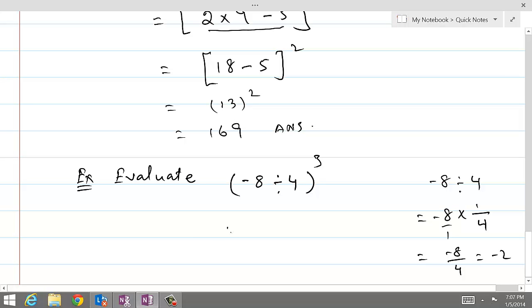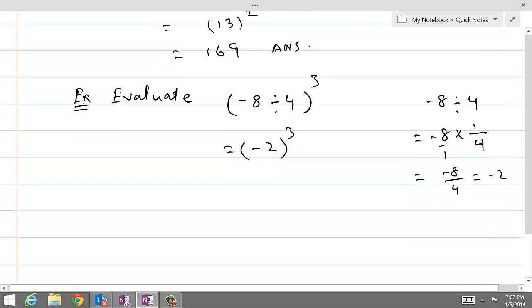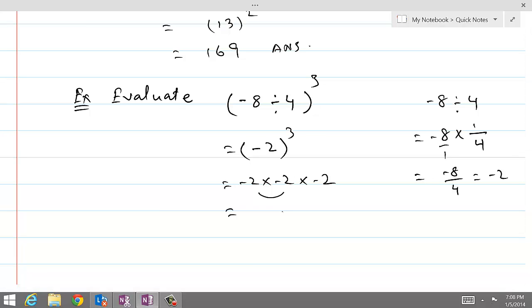So here we got minus 2 power 3, and minus 2 power 3 means minus 2 times minus 2 times minus 2. We can easily convert it into standard form. Minus 2 times minus 2. Whenever you multiply two numbers, you multiply sign with sign and number with number.